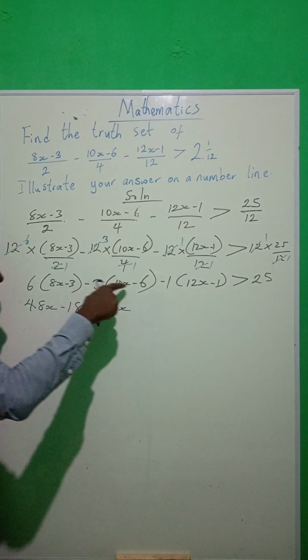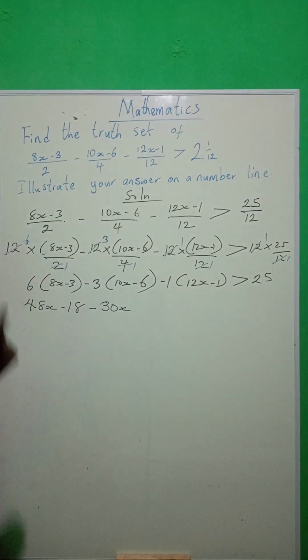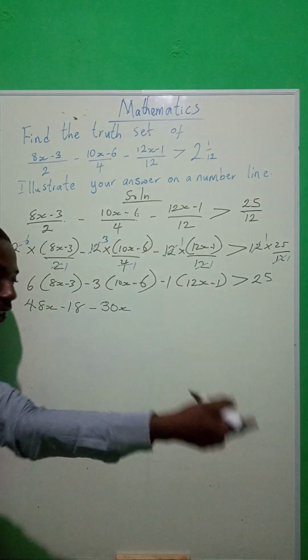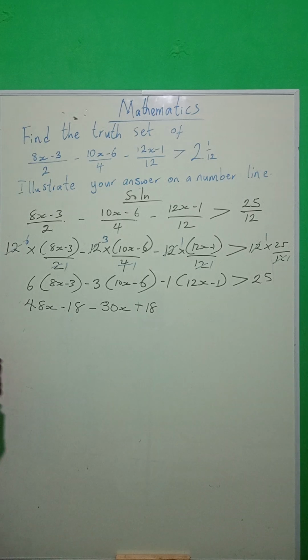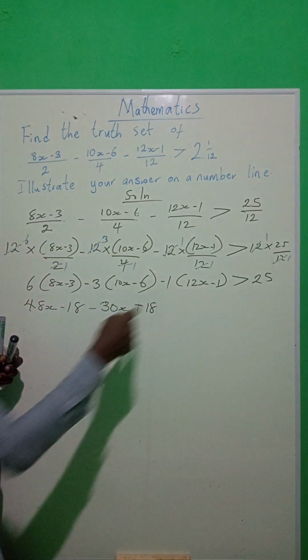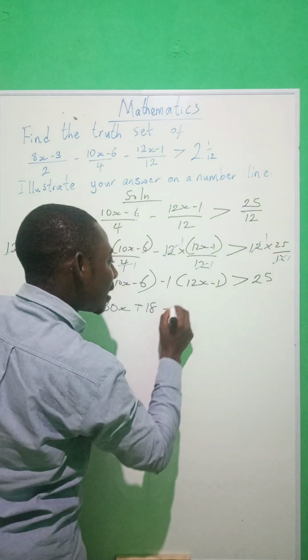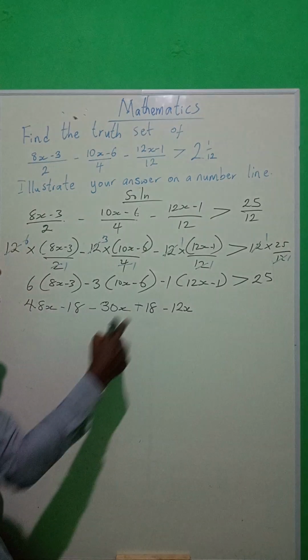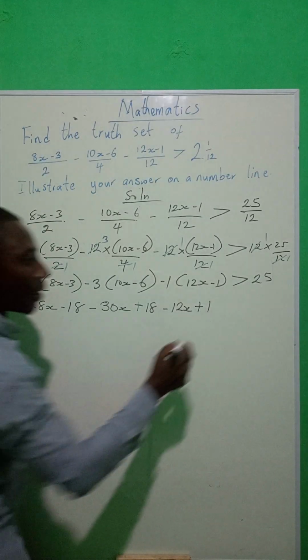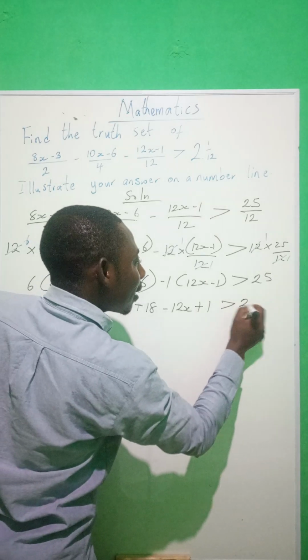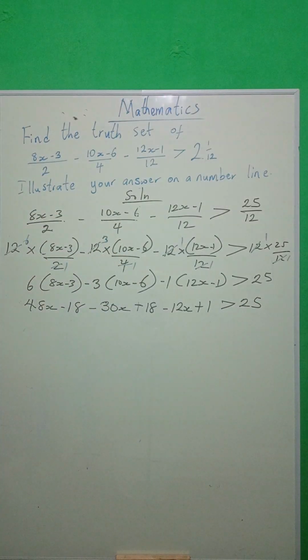Negative 3 times negative 6, negative multiplying negative, gives positive 18. Now negative 1 times positive 12x gives us negative 12x. Negative 1 times negative 1 is positive 1, greater than 25.